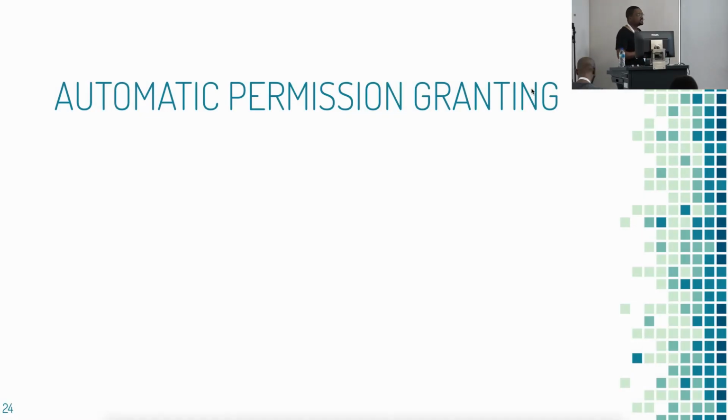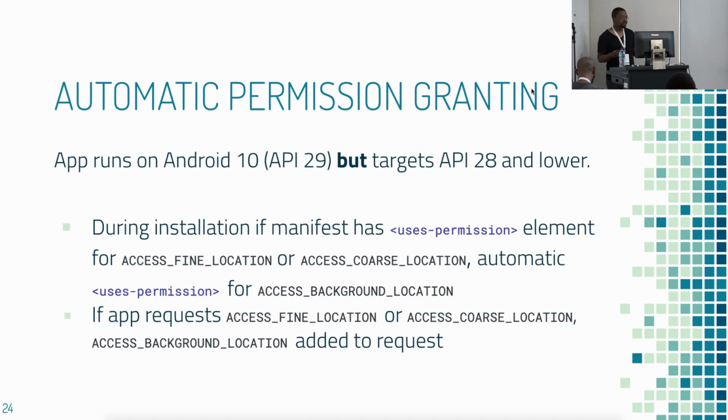And then they've done a migration strategy within Android 10. If you've defined your parameters in a certain way, permission will be granted to your app if you fulfill certain criteria. So an app that runs on Android 10 but targets API 28 or lower, that's Android 9 and lower. During installation, if the manifest has the uses-permission element for ACCESS_FINE_LOCATION or ACCESS_COARSE_LOCATION, the permission will automatically be granted for ACCESS_BACKGROUND_LOCATION.